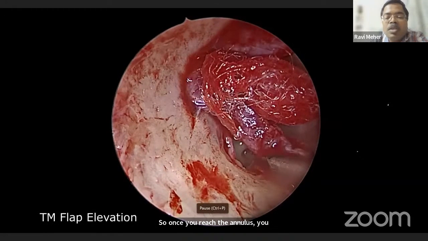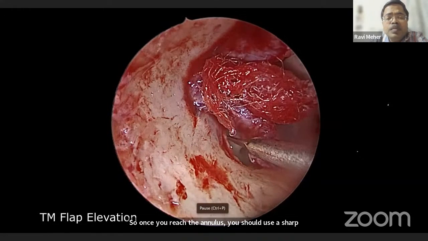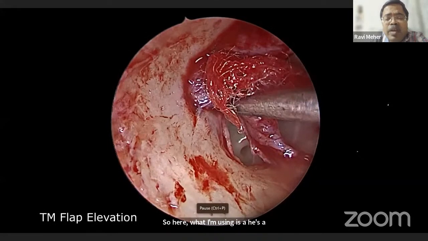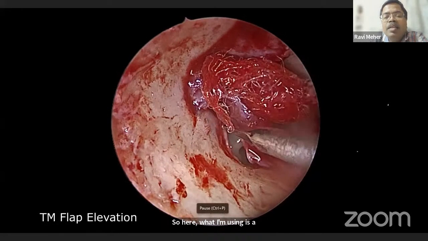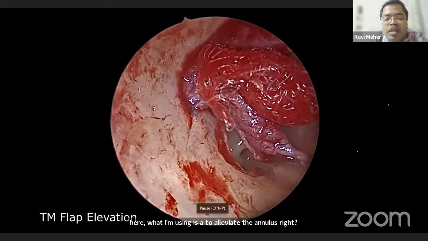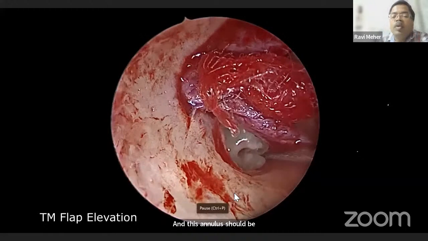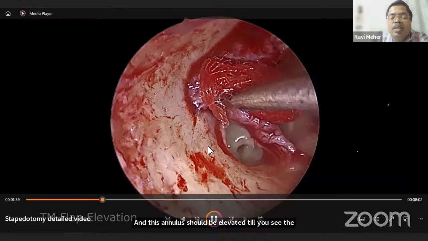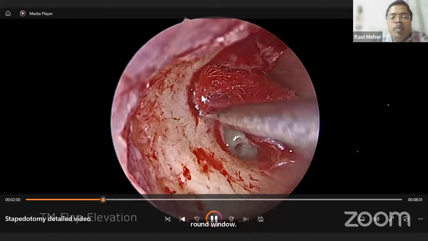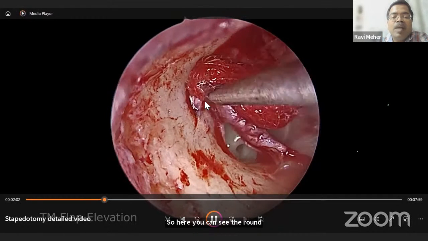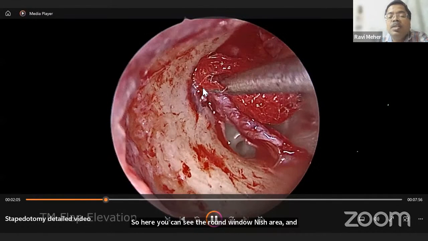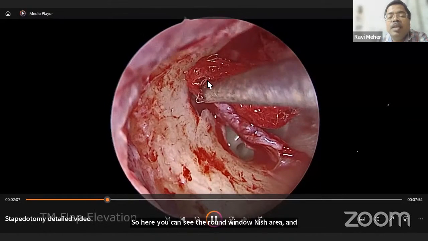So here what I'm using is a bishuri to elevate the annulus, right? And this annulus should be elevated till you see the round window. So here you can see the round window niche area, and superiorly also you should elevate the flap so that you can actually see the neck of the malleus, right? So that is the extent of the flap raising.